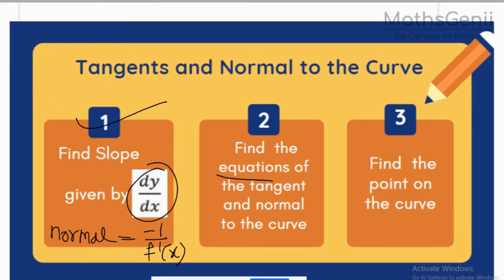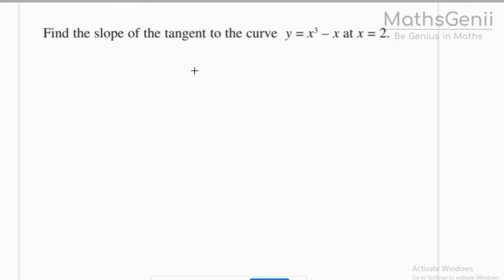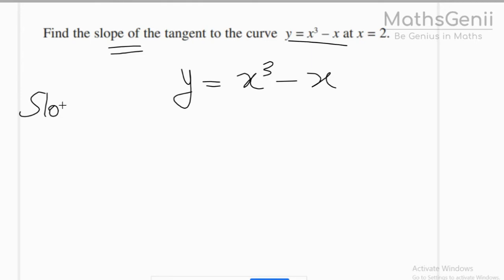Okay, let's start with the first. What is the first type? Find the slope. In the question, they are asking you to find the slope of tangent, and the curve is also given. Slope is nothing but dy by dx, correct?